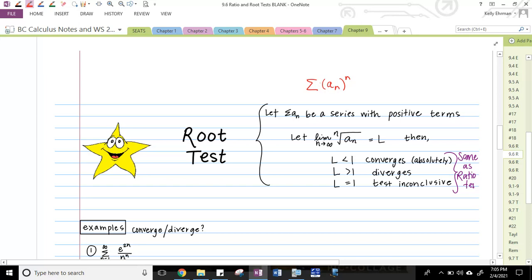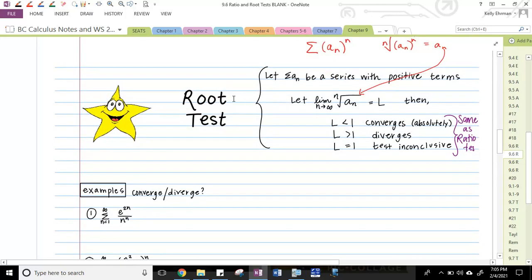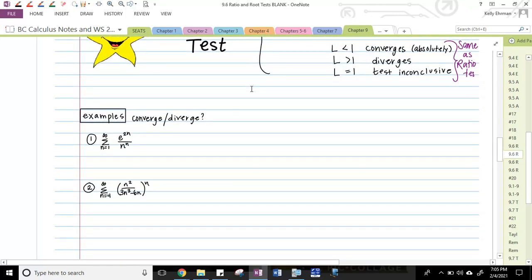If you can take the nth root of something to the n power, so essentially you're just left with the a sub n part, if you can figure out what the limit of that is, then we can follow these rules and say, oh, this thing that's inside being raised to the n power, in the long run, it behaves geometrically again. All right, so we're just kind of comparing it to a geometric series.